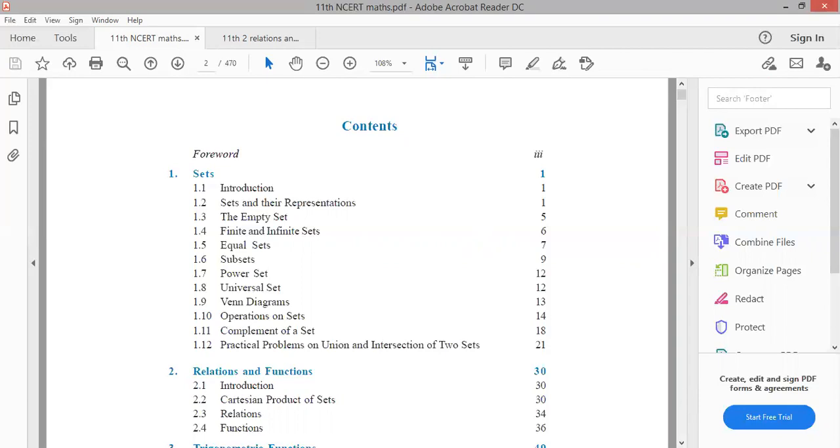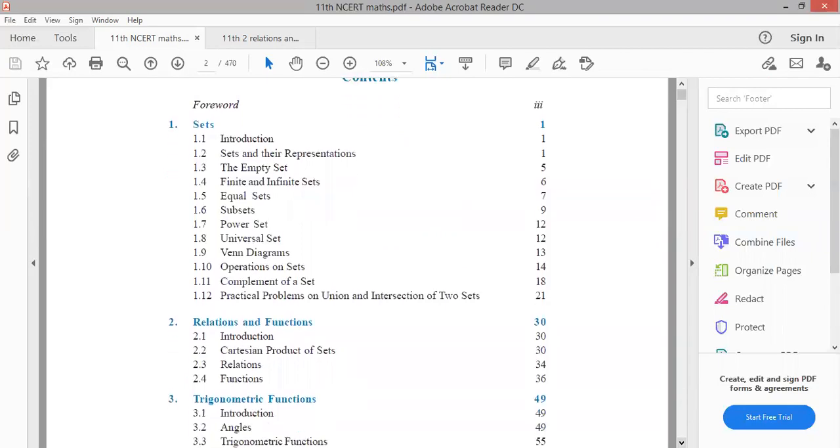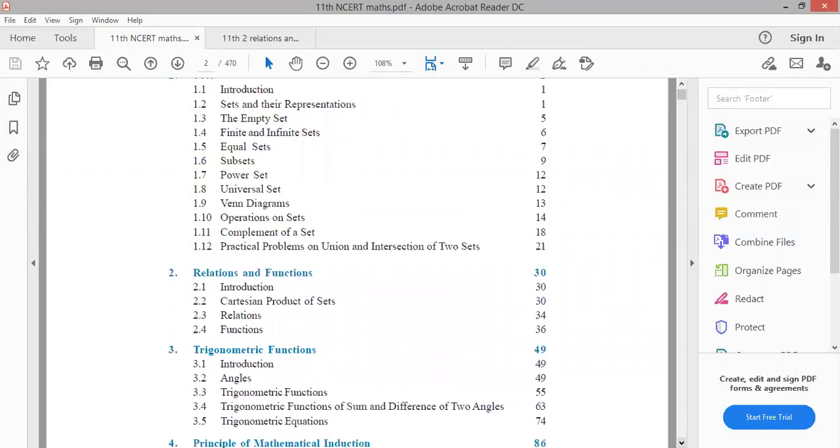While defining these different operations, chapter number second is based on one of these operations. That operation is Cartesian product of sets. This Cartesian product of sets is a very important concept, and on the basis of this concept, we have the concept of functions and relations.